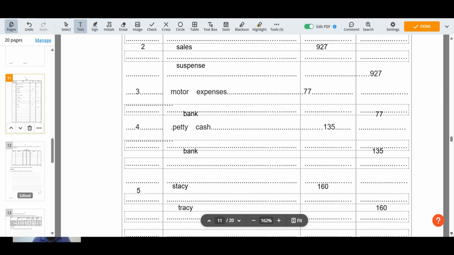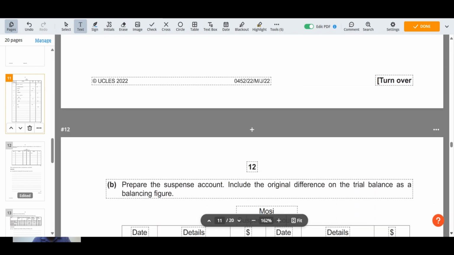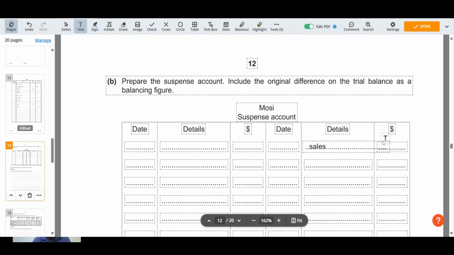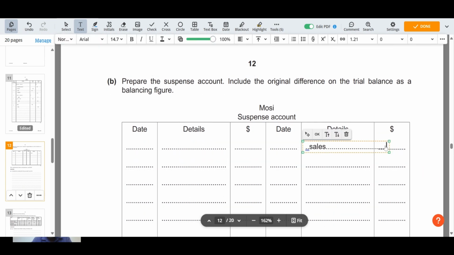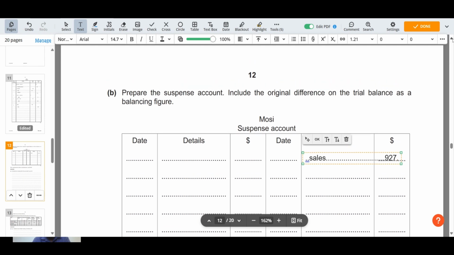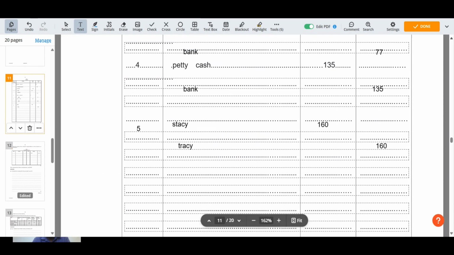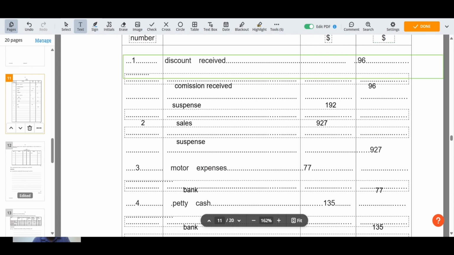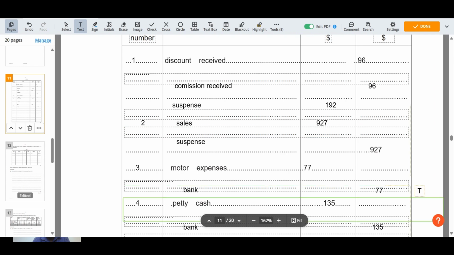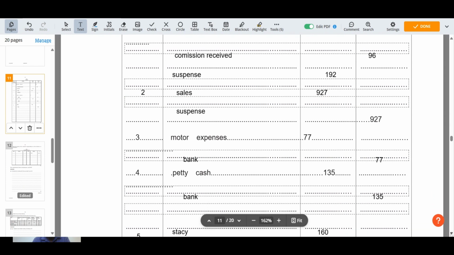So we're going to put 927 on the credit side. So we have 927 there. Then do we have anything else on the credit side? No, we don't. We have discount received here, and commission received on the debit side. So this total 192 has to go on the debit side.